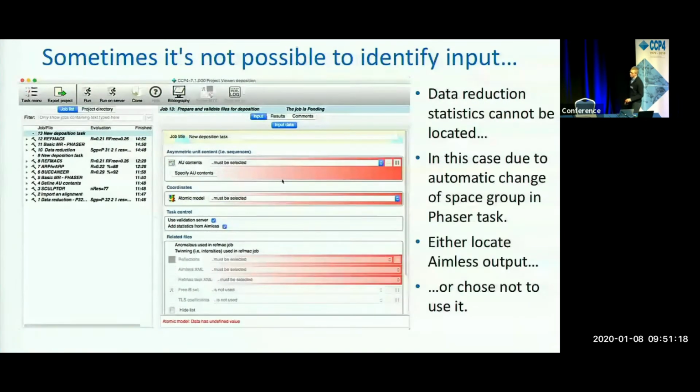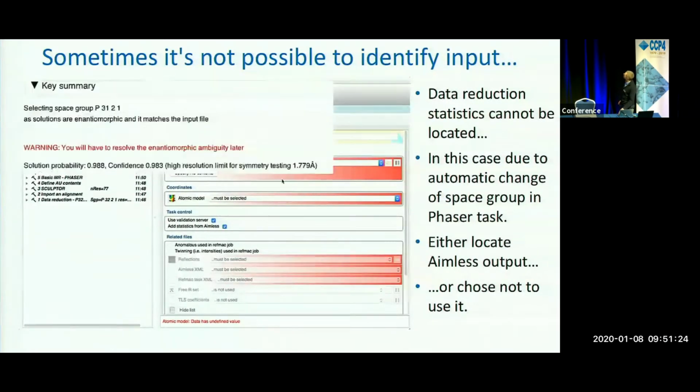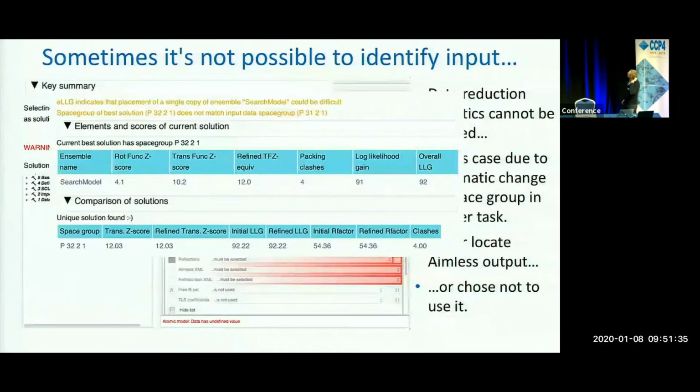So sometimes, though, that's not always possible. In this example, data were reduced in space group P3121. The structure was solved by molecular replacement, and phases identified that the correct space group was P3221.